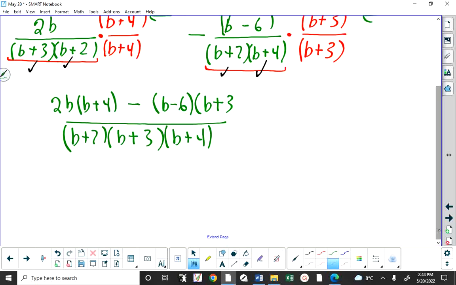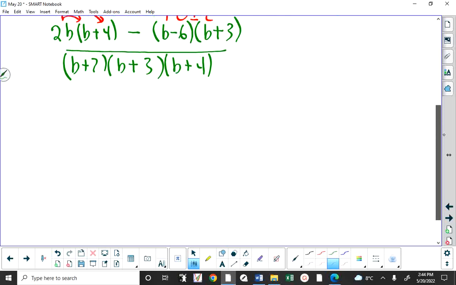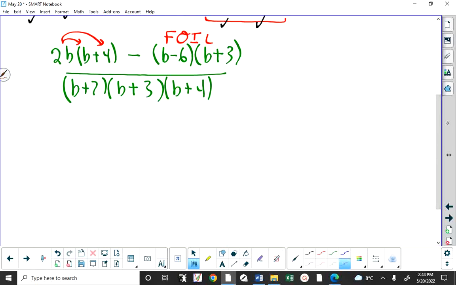So I'm going to have to multiply 2b by b, 2b by 4, and then we're going to have to, of course, apply our FOIL rule for multiplying these two binomials. So when I multiply 2b times b, I get 2b squared, plus 2b times 4 is 8b, and then I have minus.